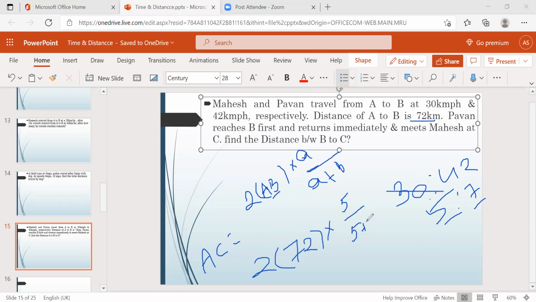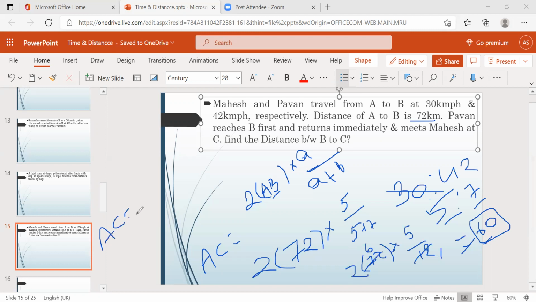So it's 2 into 72 into 5 by 12. 12 sixes are 72, so 6 into 5 is 30, 30 into 2 is 60 kilometers. So AC equals 60 kilometers.